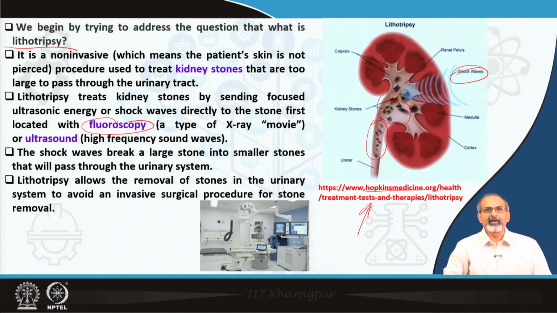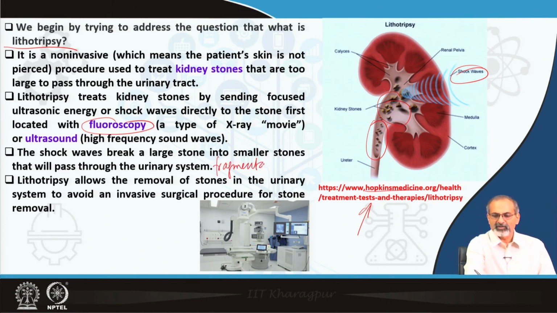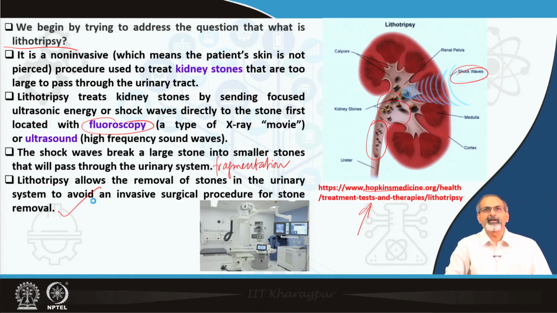The shock waves break a large stone into smaller stones that will pass through the urinary system. So, this is basically a process of fragmentation which is achieved by use of shock waves. Lithotripsy allows the removal of stones in the urinary system to avoid an invasive surgery procedure for stone removal, which we already mentioned earlier in the above point.